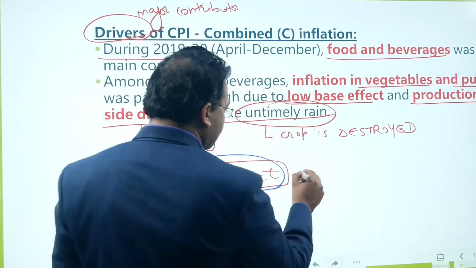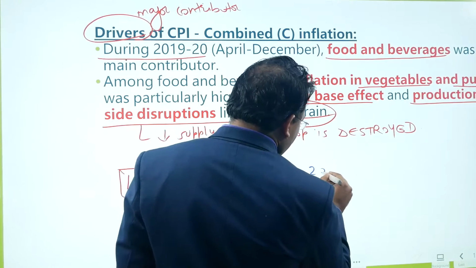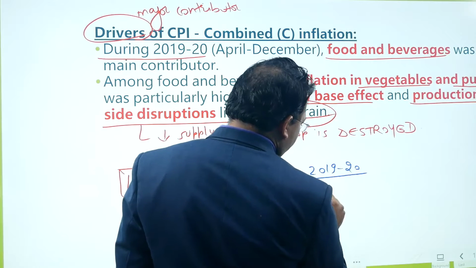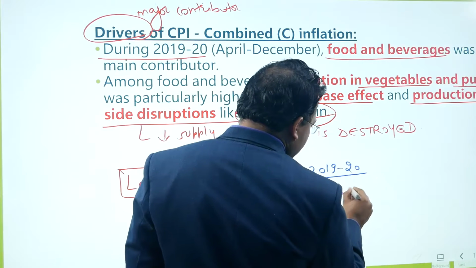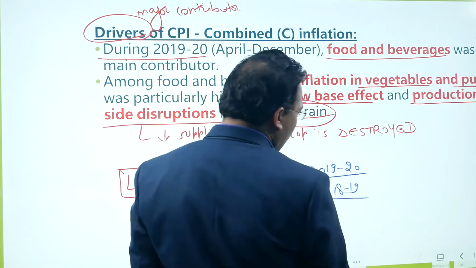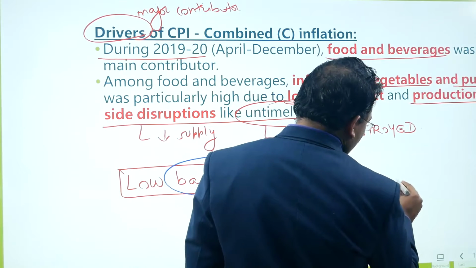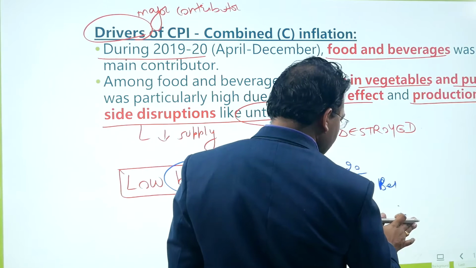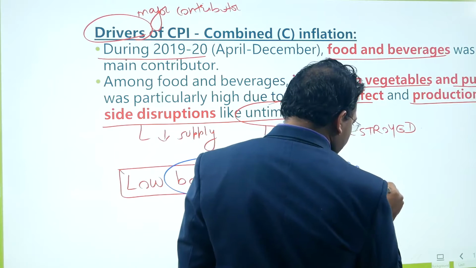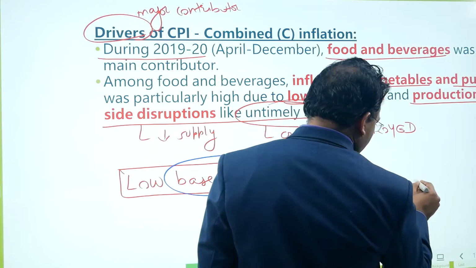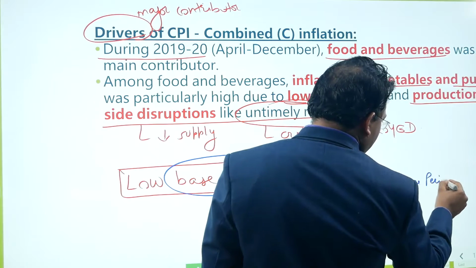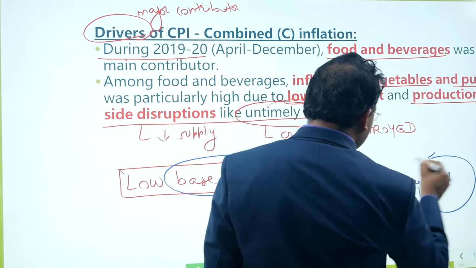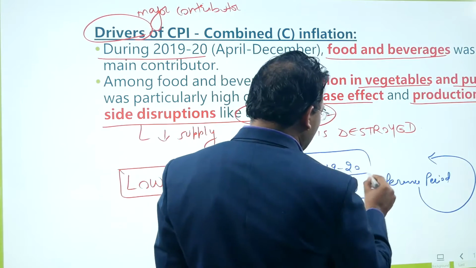For example, to calculate the inflation during 2019-20, we will see the price index of 2018-19. This will be the reference period, and this will act as a base for calculation of inflation during 2019-20.